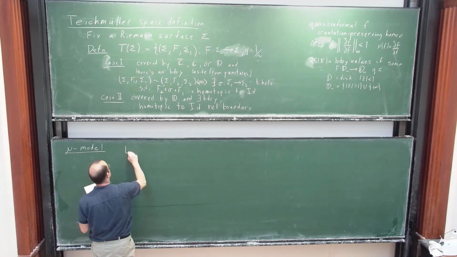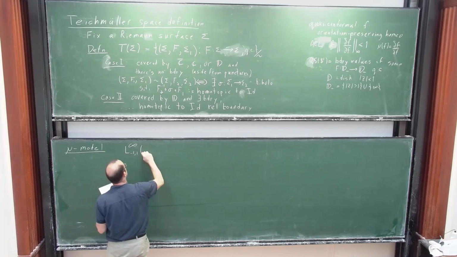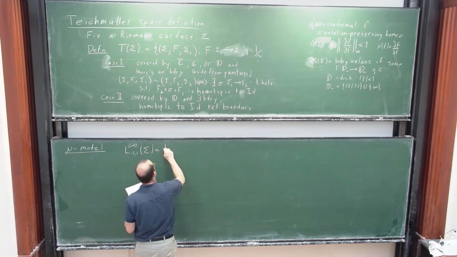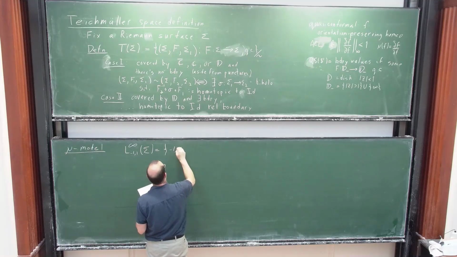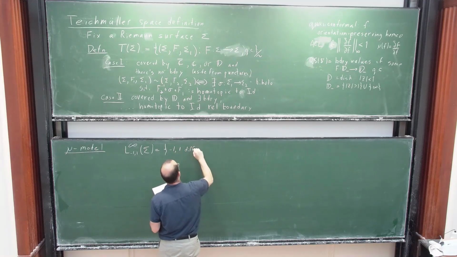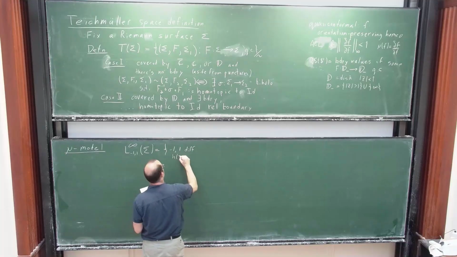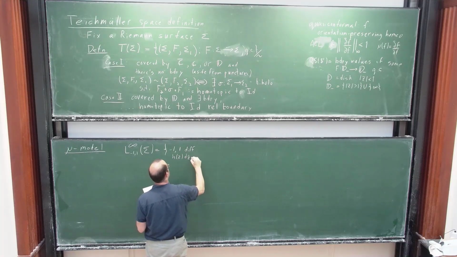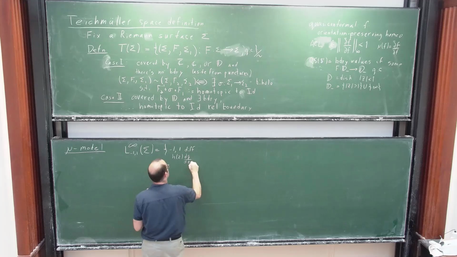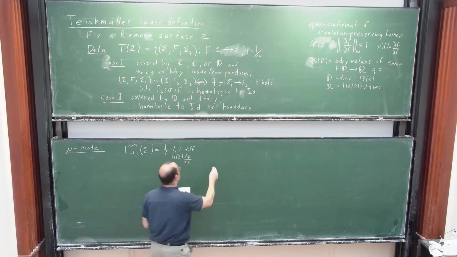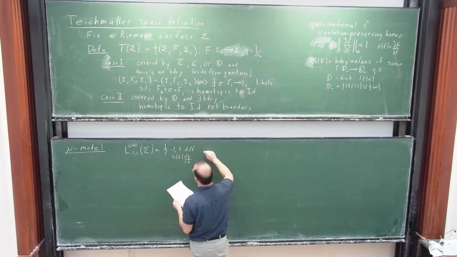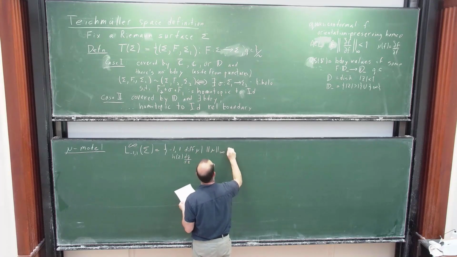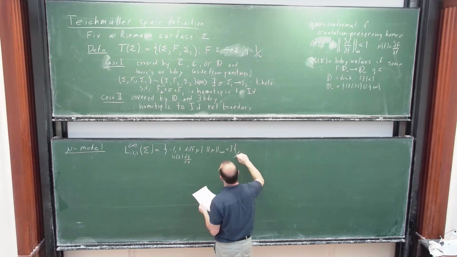We say L infinity minus 1,1 of sigma is the set of negative 1,1 differentials. These are things that locally look like h of z, dz bar over dz in local coordinates z, such that the norm is less than 1, modulo an equivalence relation.